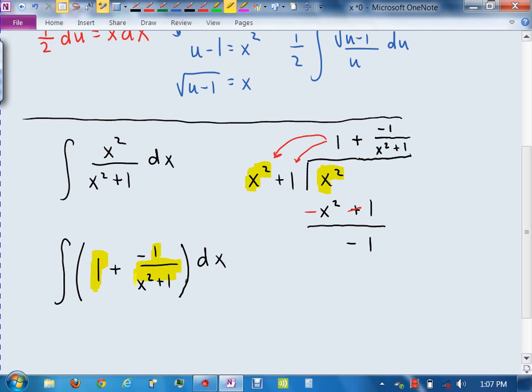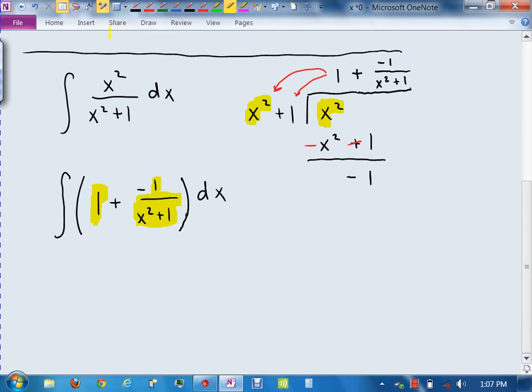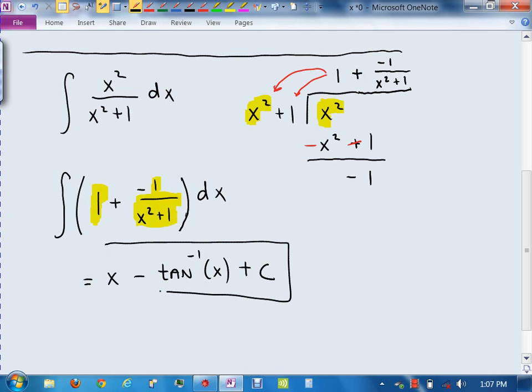And this 1 over x squared plus 1 actually looks like arctan. That's the derivative of arctan, one of the formulas we should start to recognize when we see it. The derivative of arctan x is 1 over 1 plus x squared, or 1 over x squared plus 1. Do you follow this? So we get x minus arctan x plus a constant, and then I'm done. Make sense?